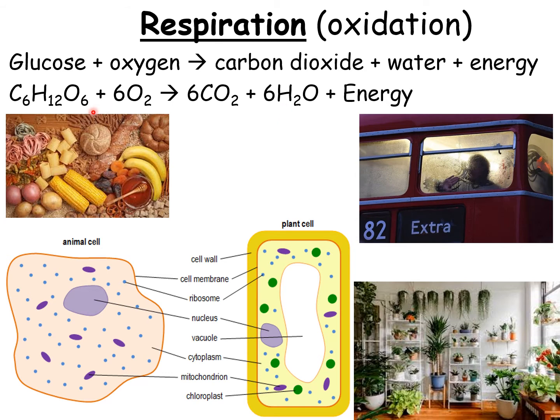There are the same number of atoms before and after the reaction, showing that this reaction follows the conservation of mass, which all chemical reactions and physical reactions do. So there are the same number of carbon atoms on the left-hand side as there are on the right-hand side, the same number of hydrogens before as there are after, and the same number of oxygens.